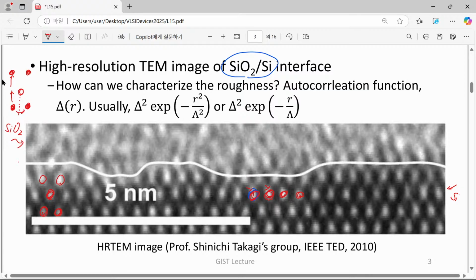This line is not the natural image, but drawn by these researchers, and they think that up to this point, this corresponds to the regular silicon crystal structure, but above it, it is difficult to say the crystalline structure is maintained. So they say that this is the boundary.